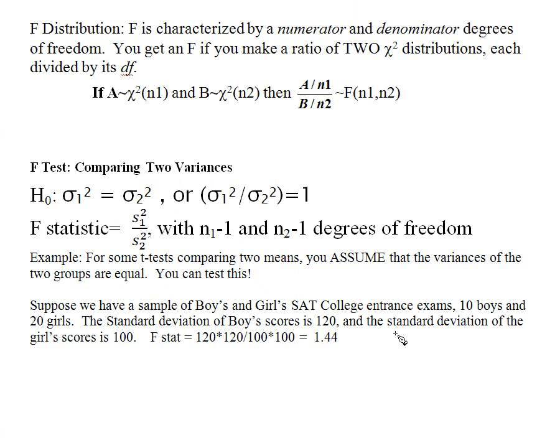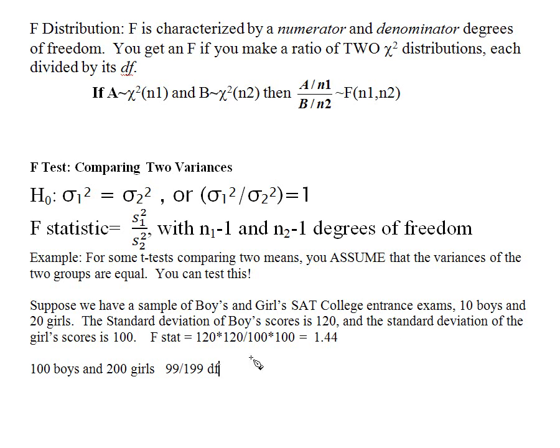So let's assume that we go out and collect more data, and instead of 10 boys and 20 girls, we have 100 boys and 200 girls. This will mean that we have 99 degrees of freedom for boys in the numerator, and 199 degrees of freedom in the denominator.